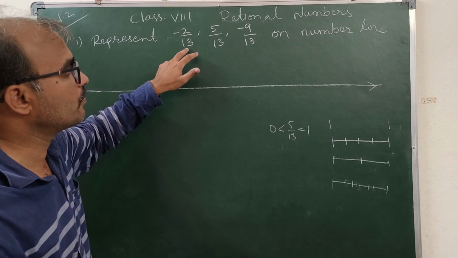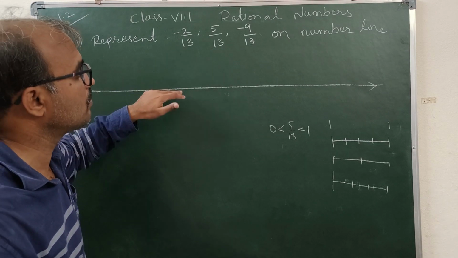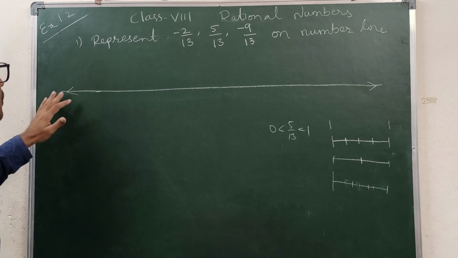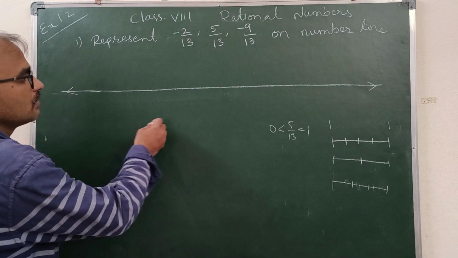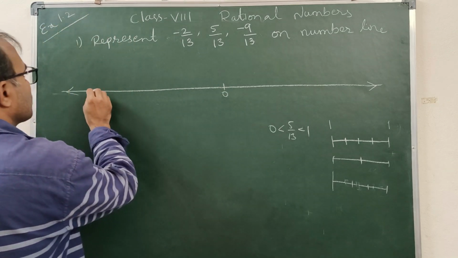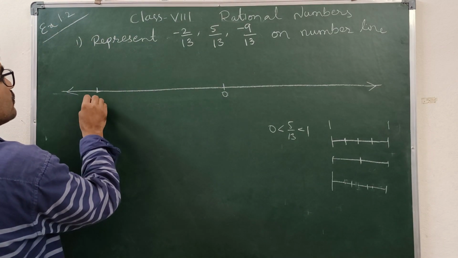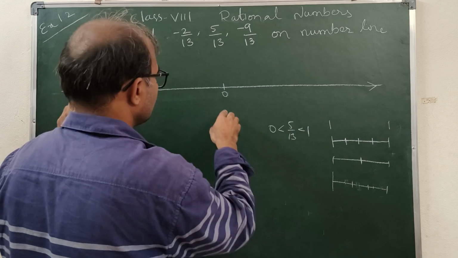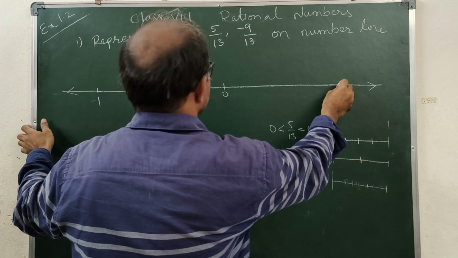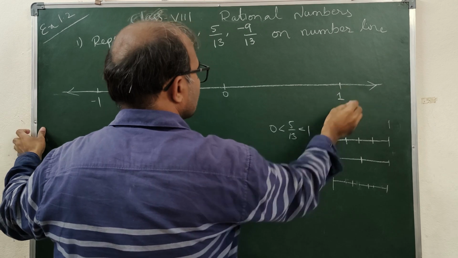So as you have to make the number line into 13 equal parts, you draw the line as big as possible, keep arrow marks, and you keep 0 in between. Somewhere here far away you keep minus 1, and observe almost equal distance and keep here 1.